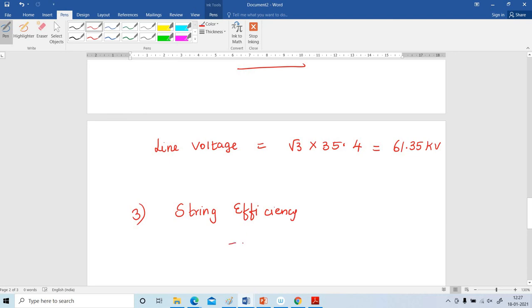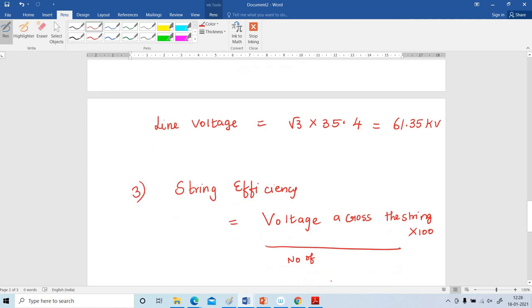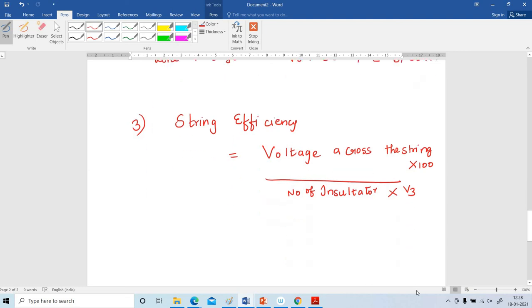That is equal to voltage across the string into 100, divided by number of insulators into the last one voltage V3.